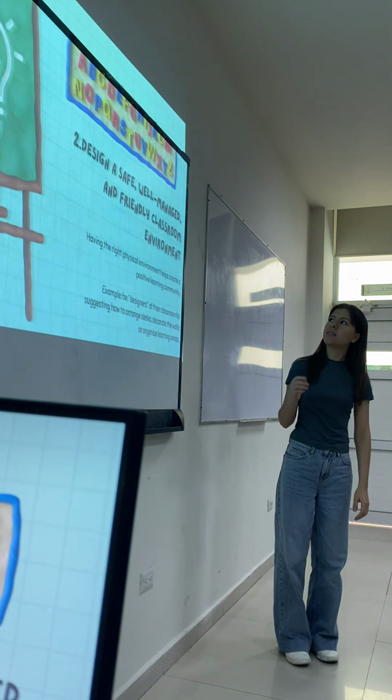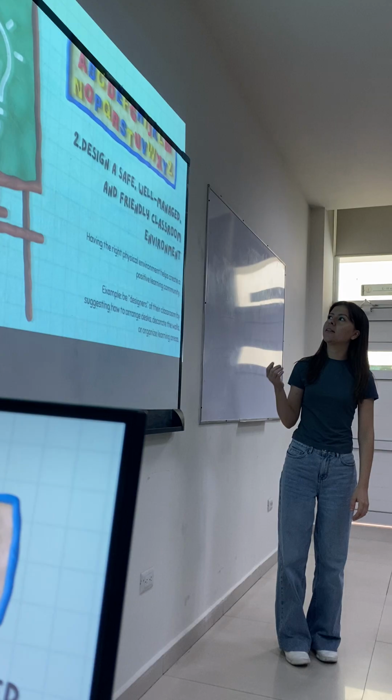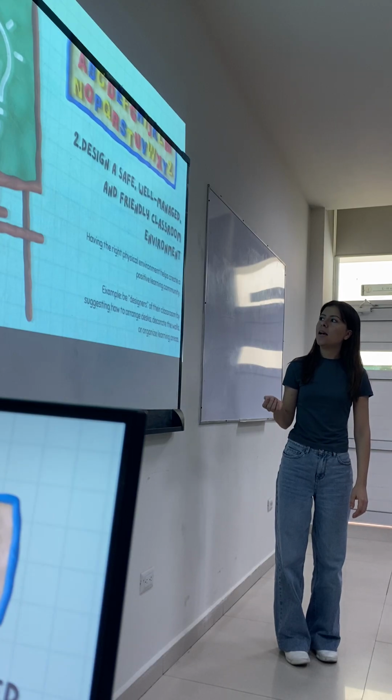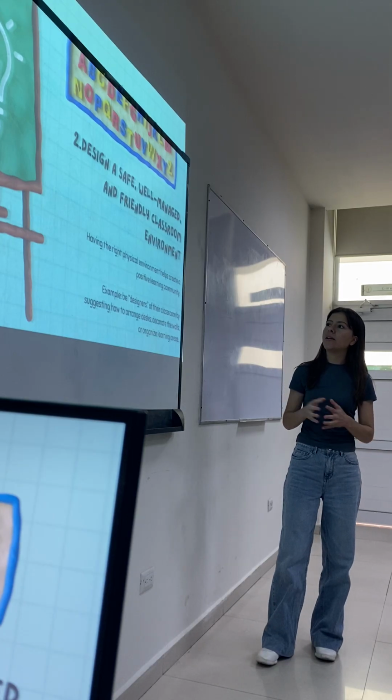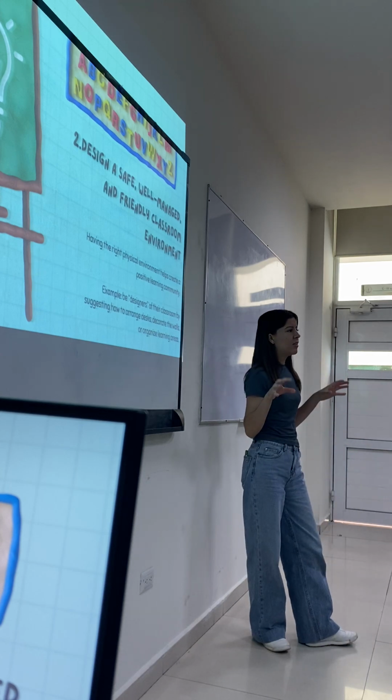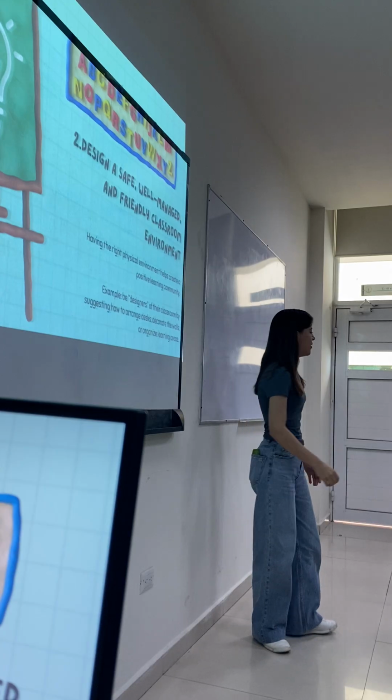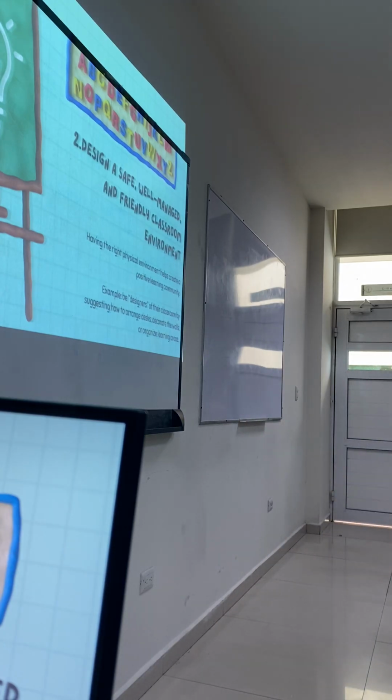The other one is how to make a friendly classroom environment, and this helps us to create a positive learning community. For example, imagine that this classroom is black and white. We need colors, you know. So imagine that these things are in the way.